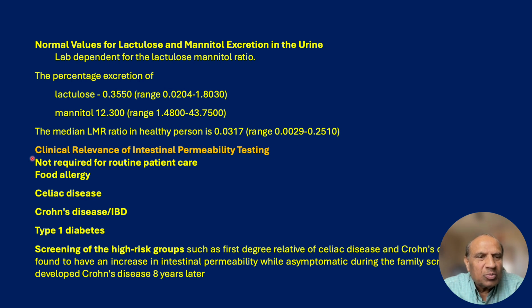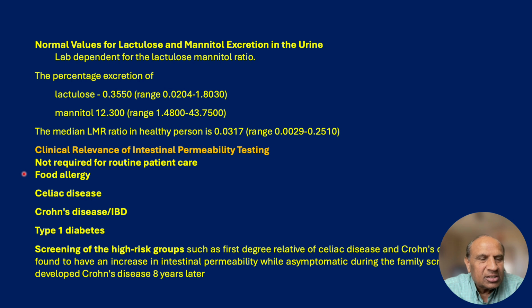We do not normally use intestinal permeability testing in routine clinical practice. It is not much of help or required for regular patient care. However, it has been used in some research settings, and also in some cases to detect intestinal epithelial changes where intestinal biopsy does not show any specific abnormality.